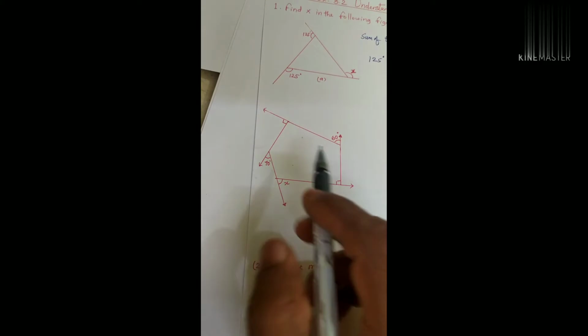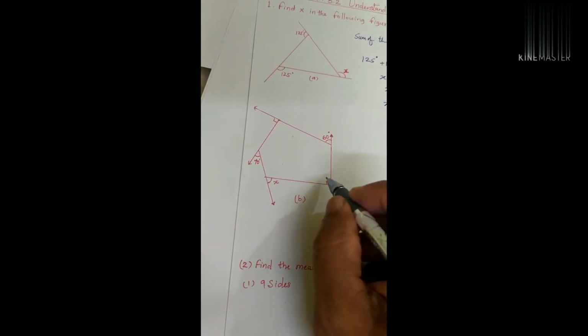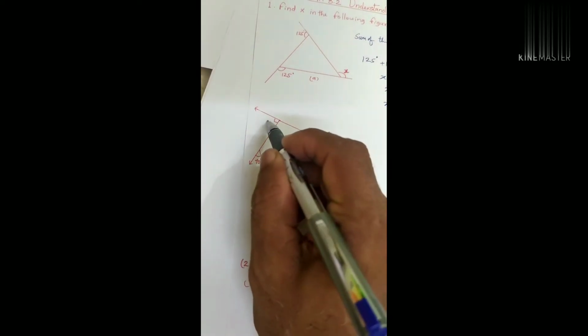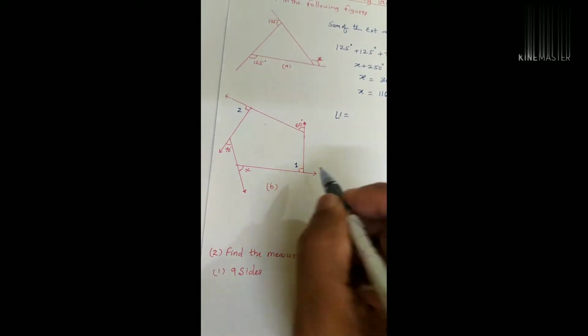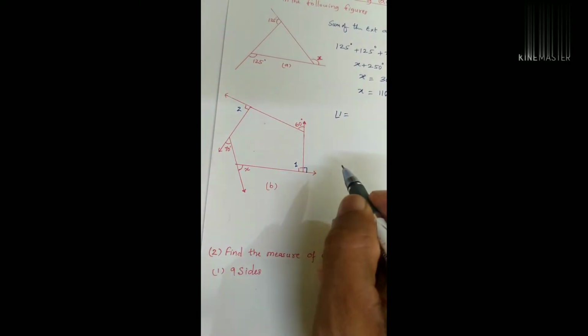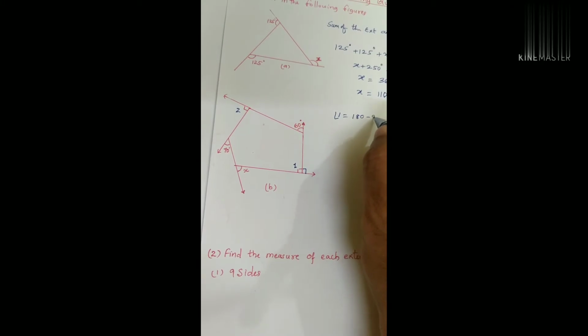So this way, second problem also, but here the problem is that in this diagram, these angles are not given. Again we will use the same formula, but we will call them angle 1 and angle 2. What is the value of this? Angle 1 is, since it is forming a linear pair with the exterior angle, 180 minus 90.